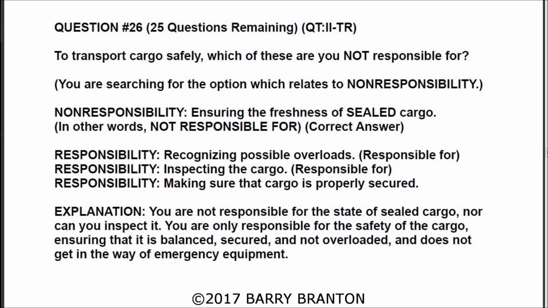So, to analyze this question, you need to find out what you're not responsible for. Your options are: you're responsible for recognizing possible overloads, you're responsible for inspecting the cargo, and you're responsible for making sure the cargo is properly secured.